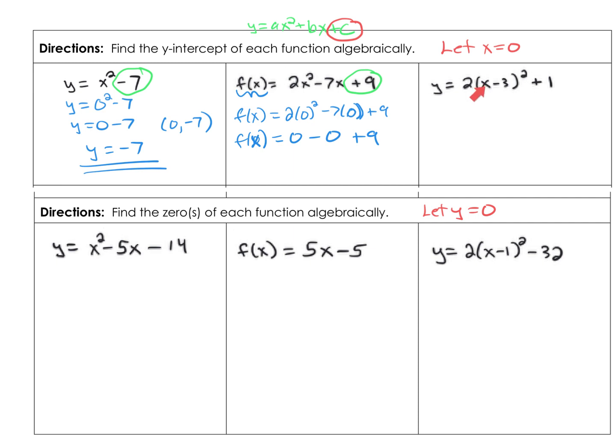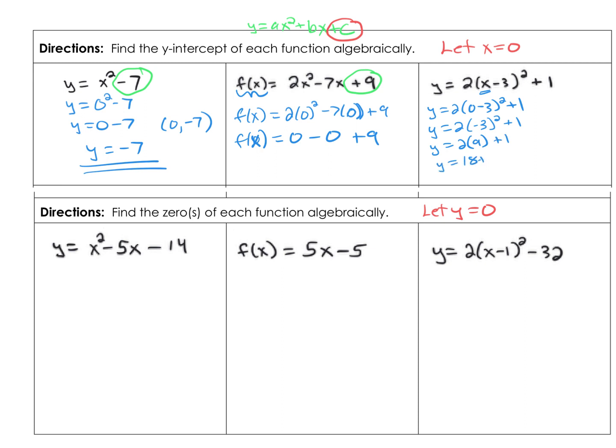Now, for this one, you have to actually put the number in and do the calculation. Remember, we're letting x be 0. So I've got y equals 2 times the quantity 0 minus 3, squared, plus 1. In the parentheses, I have -3. We do the parentheses and the exponent, so that gives me 2 times a positive 9 plus 1.